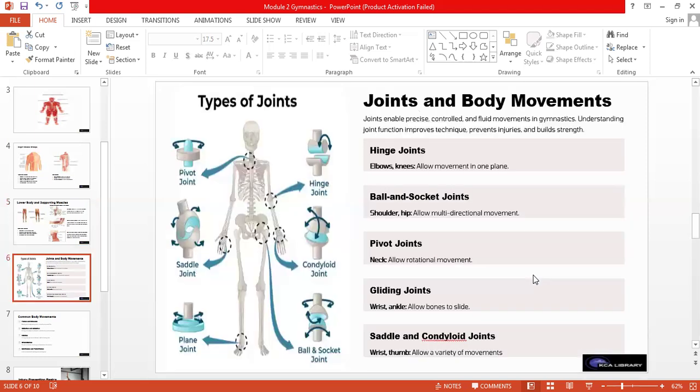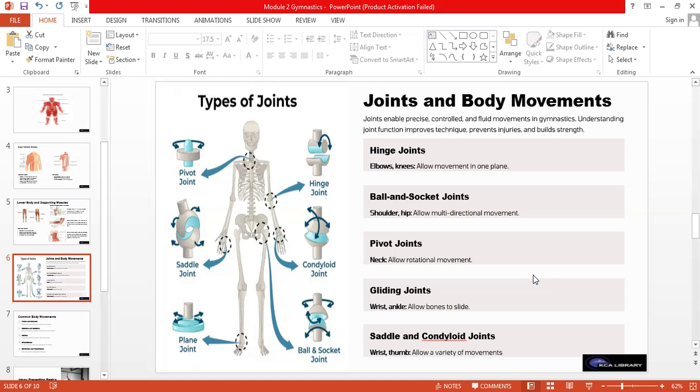We also have the types of joints, which are very, very important to know as a gymnast. Joints enable precise, controlled, and fluid movement in gymnastics. Having an understanding of this will improve technique, prevent injury, and build strength.